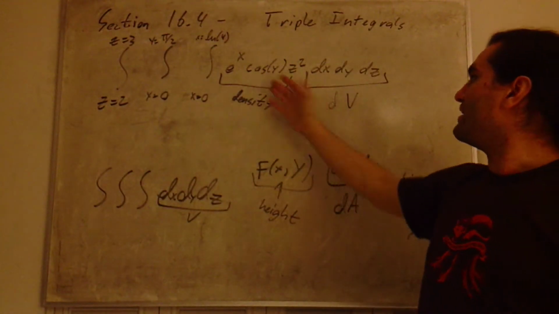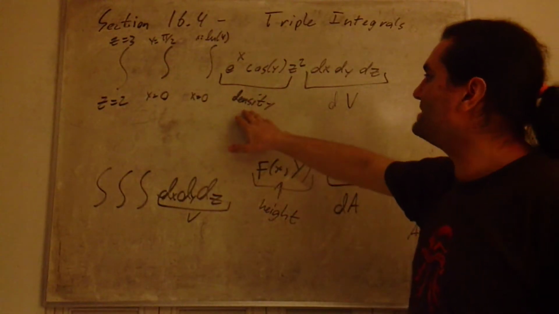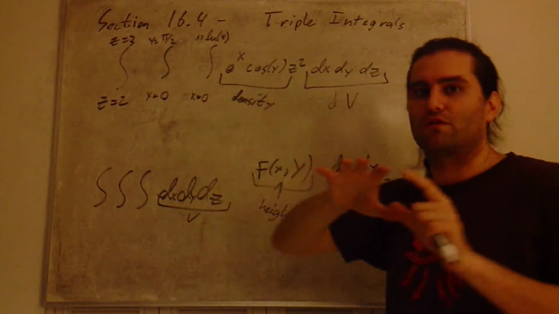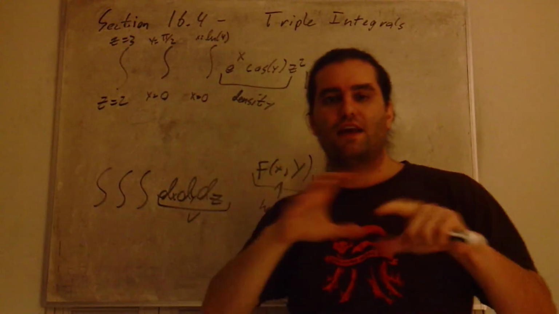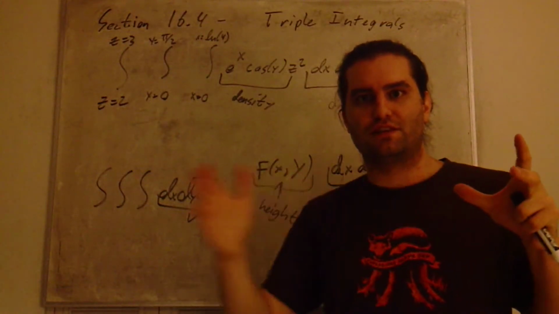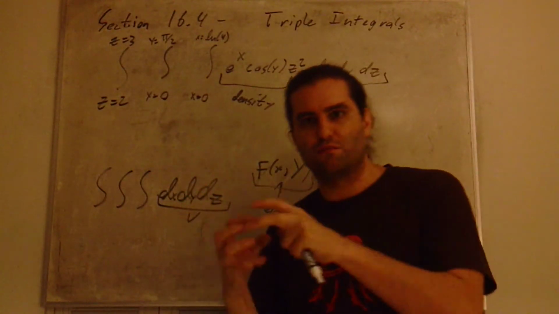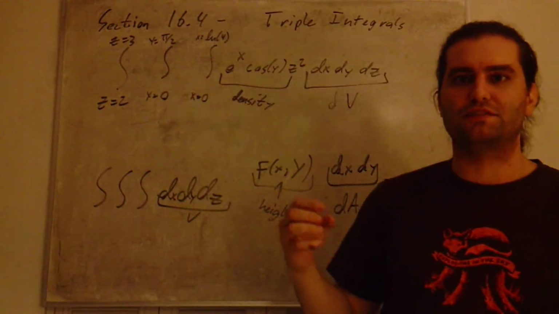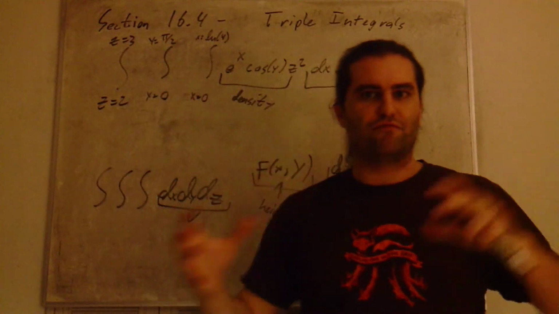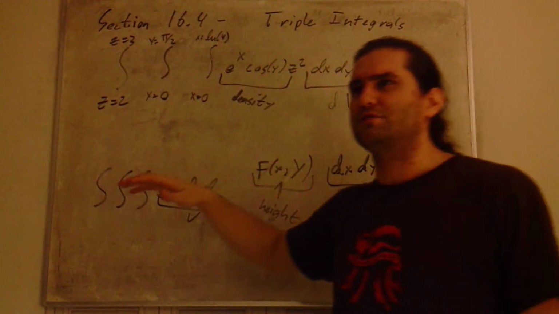If you evaluate this function at those points, it'll tell you the density of that particular particle of mass. This is for 3D solids that have variable density. So it's not like we have a brick where it's the same density throughout. Maybe this is some weird fluid that is more dense in some places than in others. Or maybe it's a chamber where air pressure is varying wildly. Or maybe this represents the temperatures. No, it wouldn't represent the temperature. We don't add temperatures together.